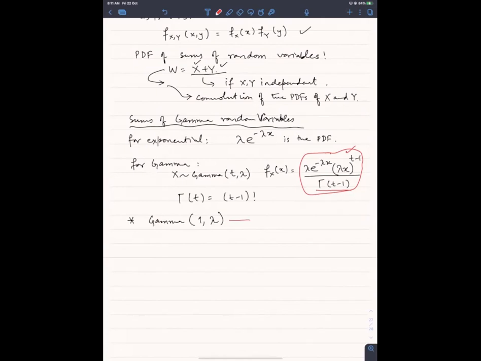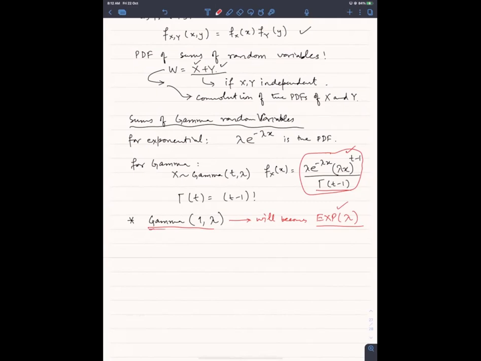So gamma will become exponential lambda. So gamma 1 comma lambda is the same as exponential lambda, and this conforms with our earlier description of gamma. What is exponential lambda? It is the time until something interesting happens.